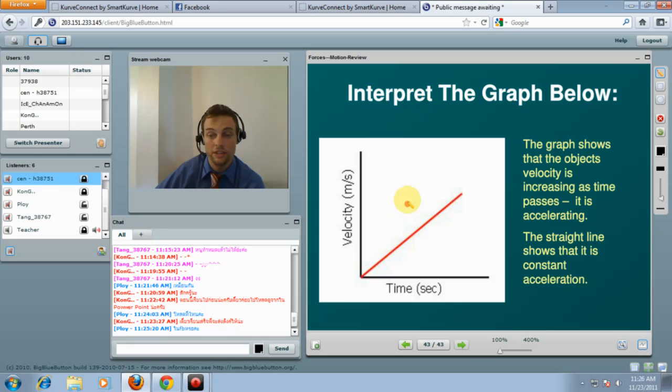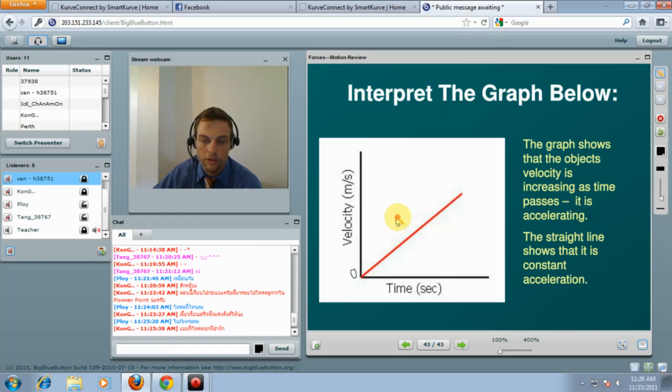So the speed is increasing, the velocity is increasing over time. So say this would be 0, 50, 100. Say this was 1 and 2.